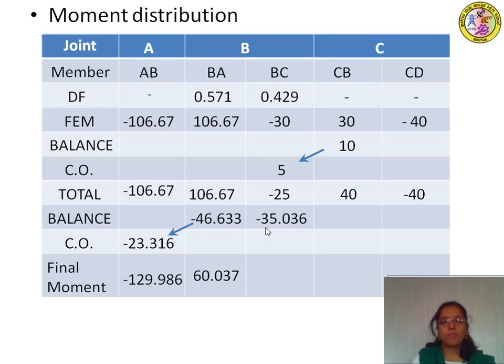Minus 25 minus 35.036 is equal to minus 60.036. You can observe joint B is balanced, plus 60 minus 60, and at C we have plus 40 and minus 40. So now all the joints are balanced.